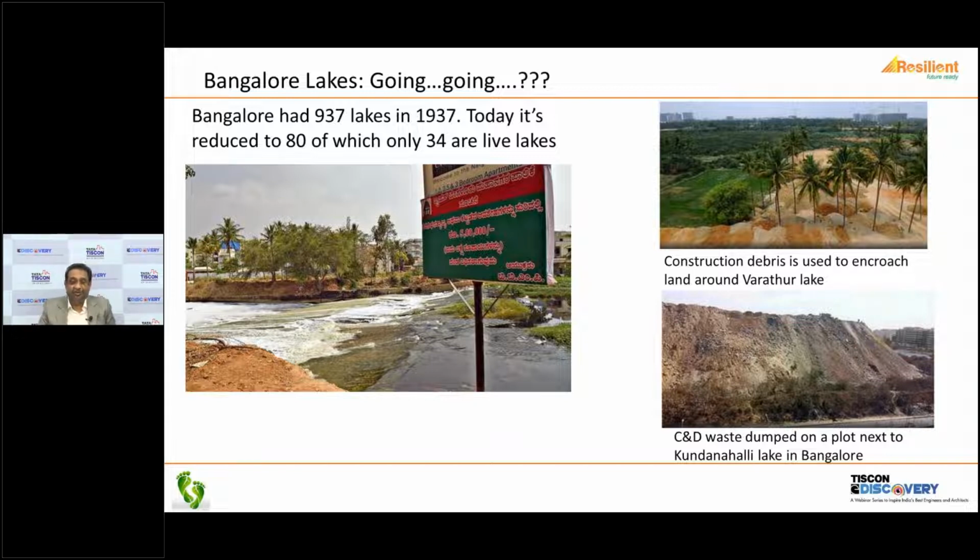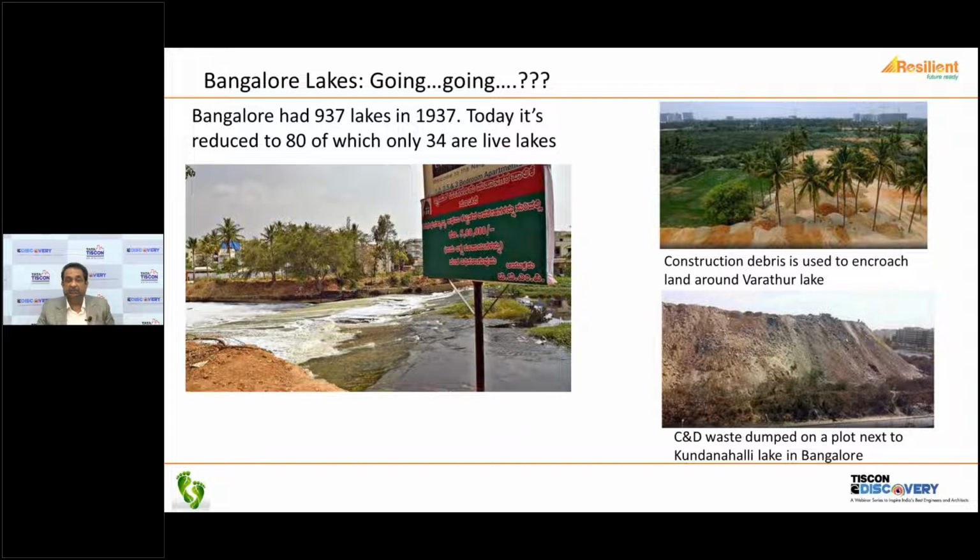It's so polluted that it creates a lot of health hazards for the residents living close to it. On the right-hand side, you see two other major lakes in Bangalore, the Varthur Lake in East Bangalore and the Kundalahalli Lake, where a lot of C&D waste is dumped and is threatening to encroach this area.